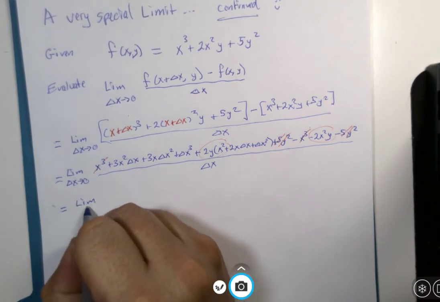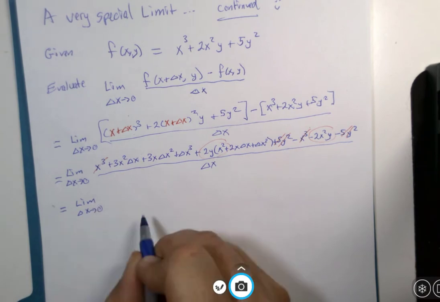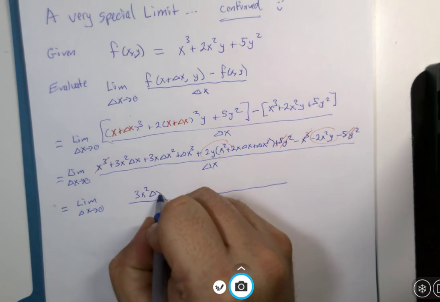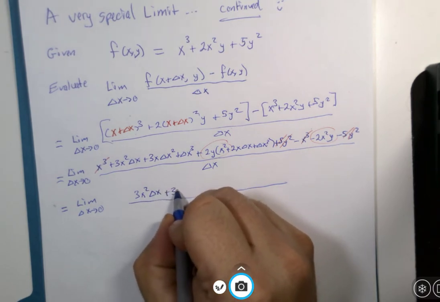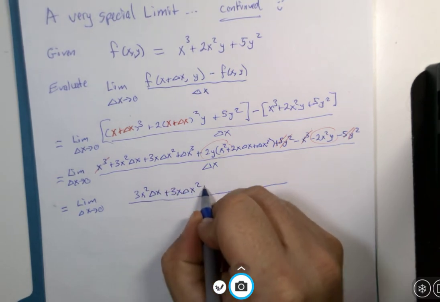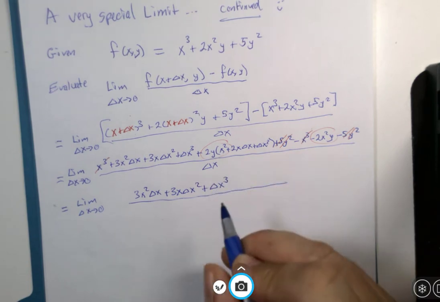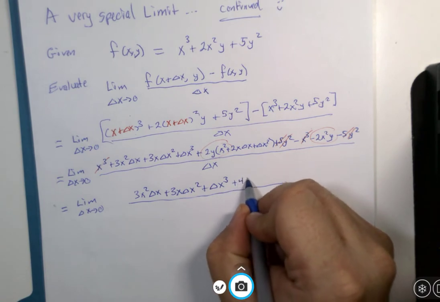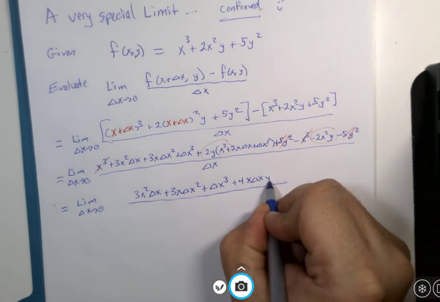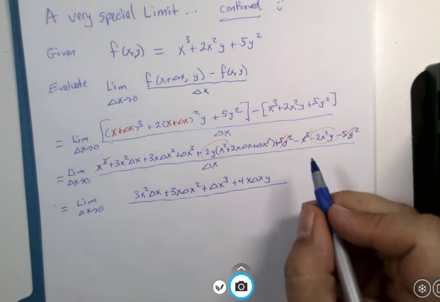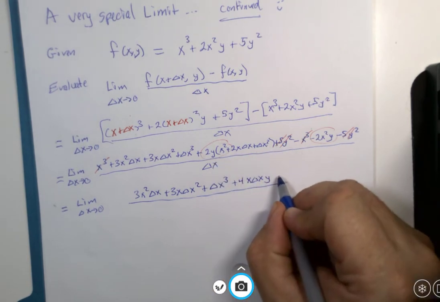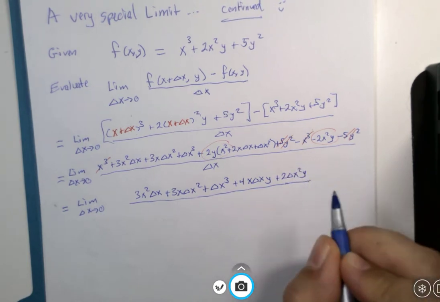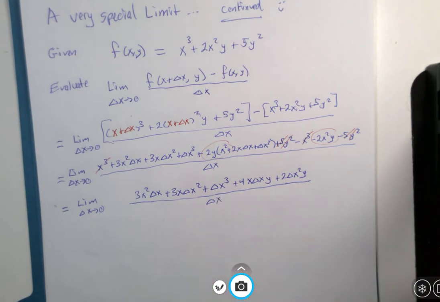What's remaining is 3x squared delta x plus 3x delta x squared plus delta x cubed plus 2 times 2 is 4 x delta x y, and this times this, plus 2 delta x squared y all over delta x.